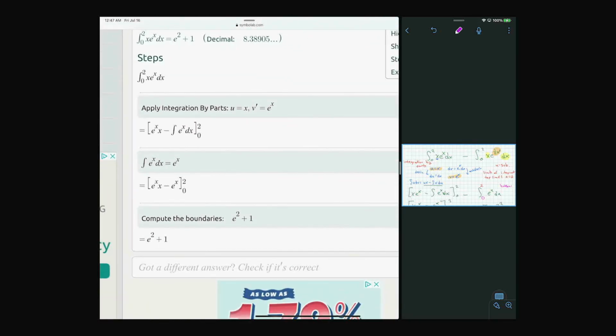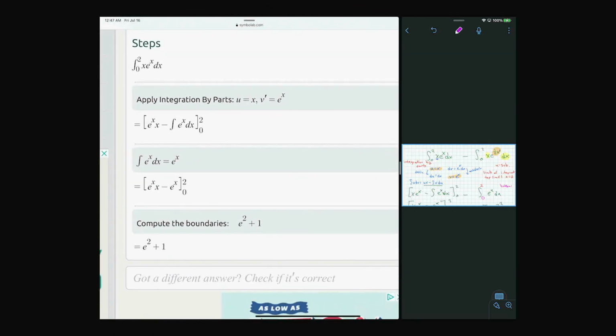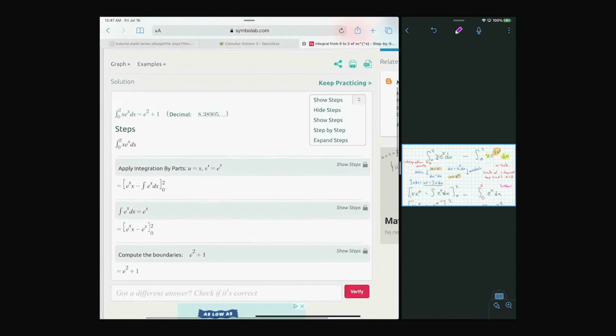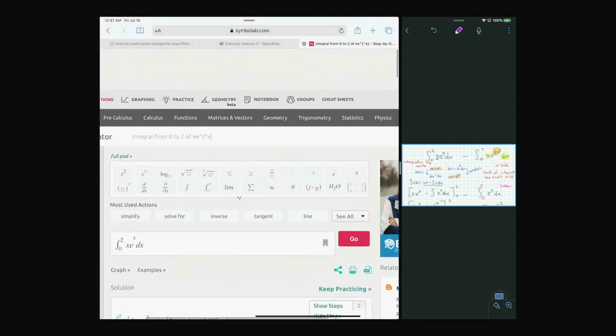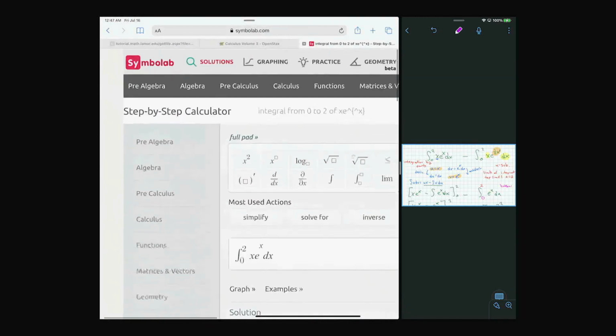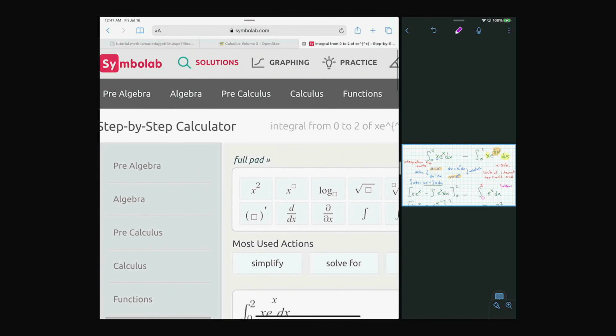Well, at least it still says apply integration by parts formula, and then they gave you that result, and so on. So it does show you more steps for free. You could get even more steps if you pay them money, but I would not recommend that. But Symbolab is a good tool for evaluating integrals and derivatives.